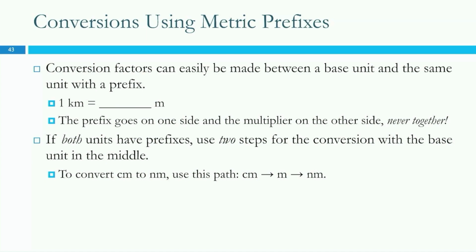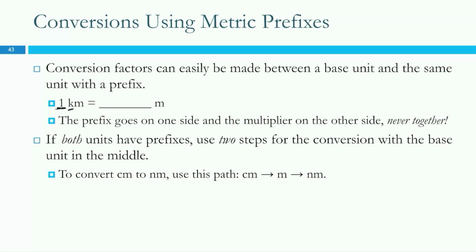So remember, prefixes are these guys in the front. This K, for example, is a kilo, so kilometer. And this method will always work if you put the prefix on one side, multiplier on the other side, but the one goes with the prefix.